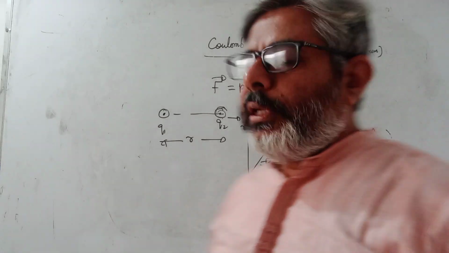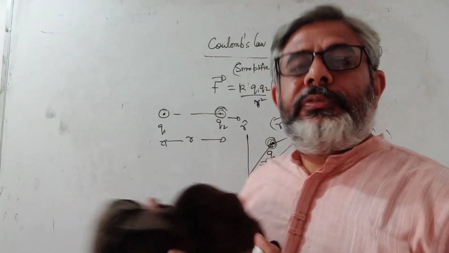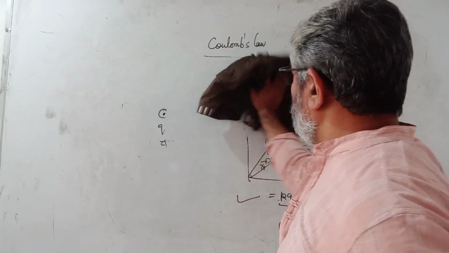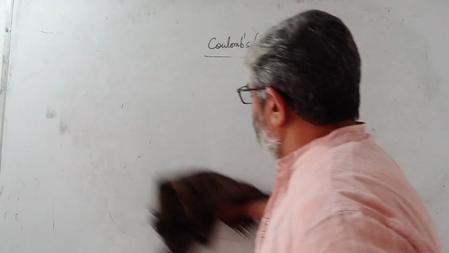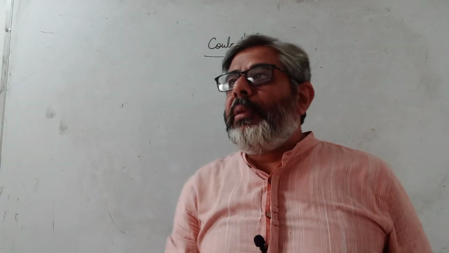And one last thing, this video is a bit long but very important part of electrostatics. If you are clear about this, you are almost clear about the whole of the concept. Now what happens, let us say, if there are rather multiple charges.